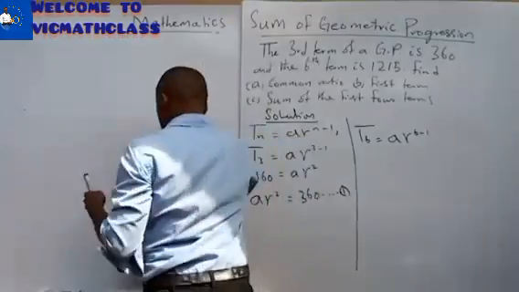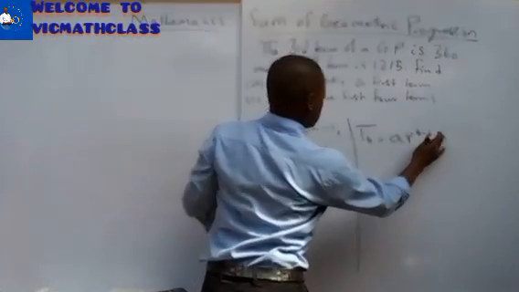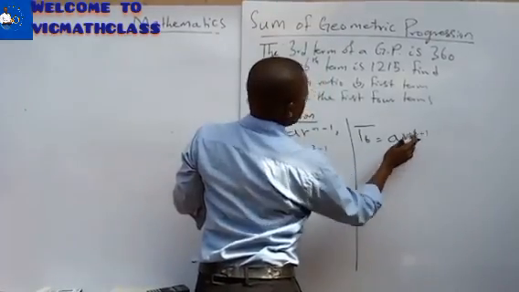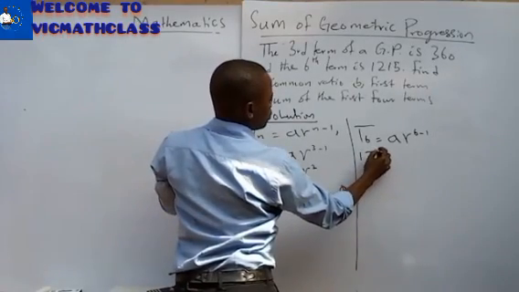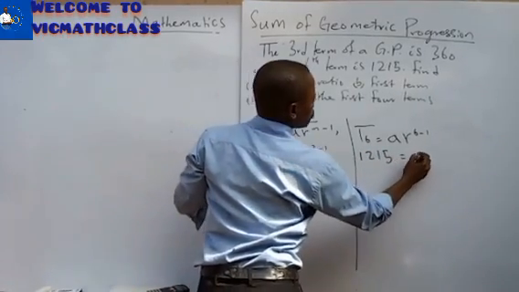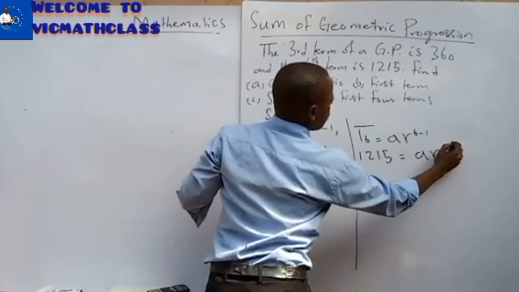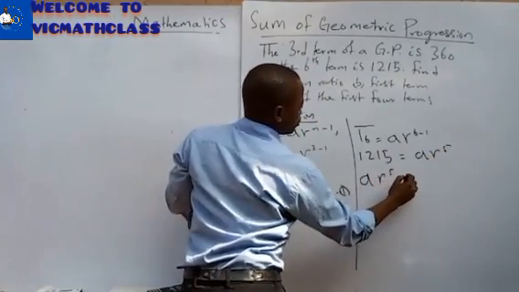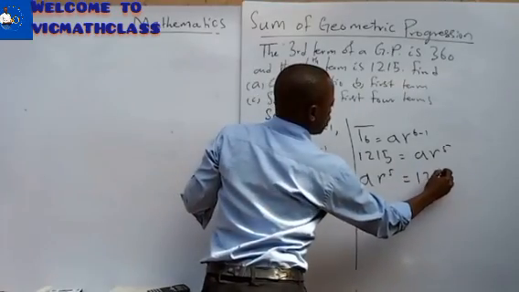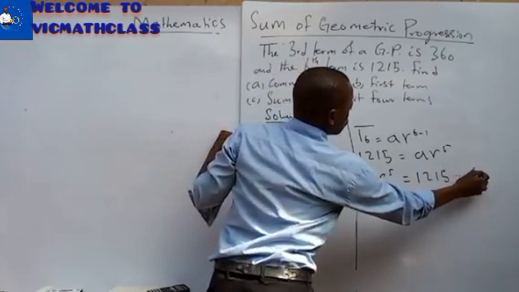So 6 minus 1, and the figure provided is 1215 equals a r raised to power 5. So I can write it as a r raised to power 5 equals 1215. I call it equation 2.